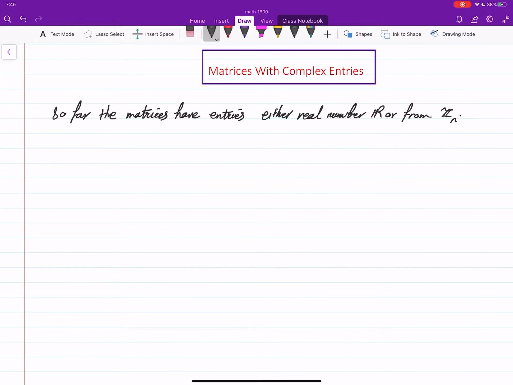And we saw that all the work goes through and the computation you need is just as before, but now you're working with Zn or R.